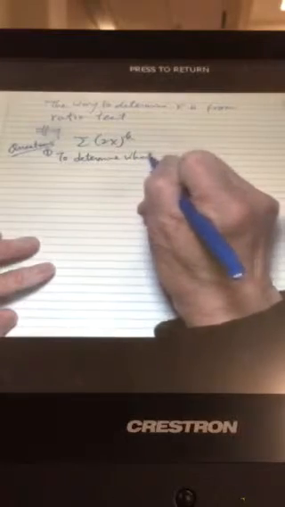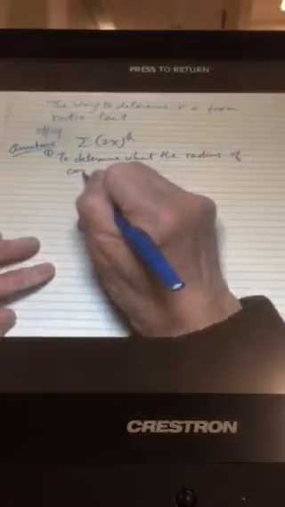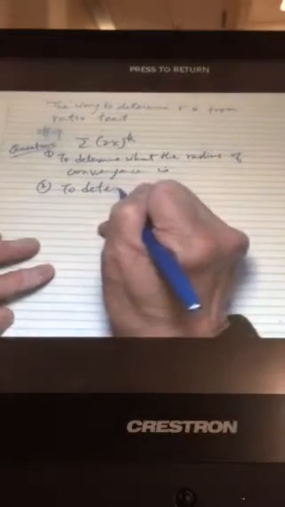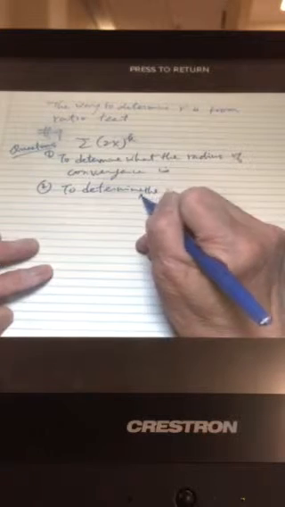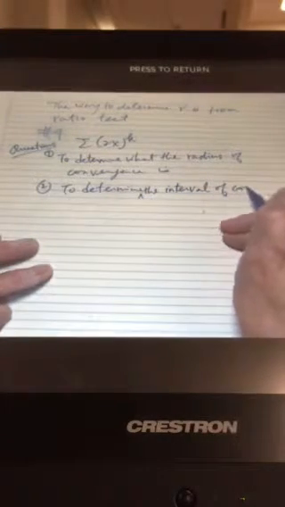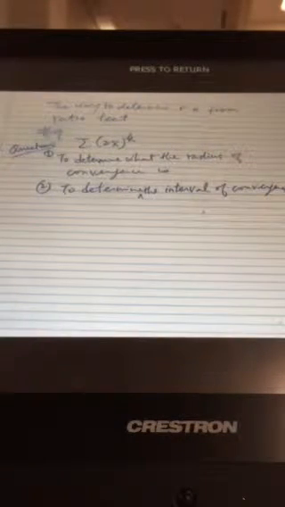Two, to determine the interval of convergence. Those are the two things we're doing here. Now, the first thing is easier to do because we can use the ratio test.